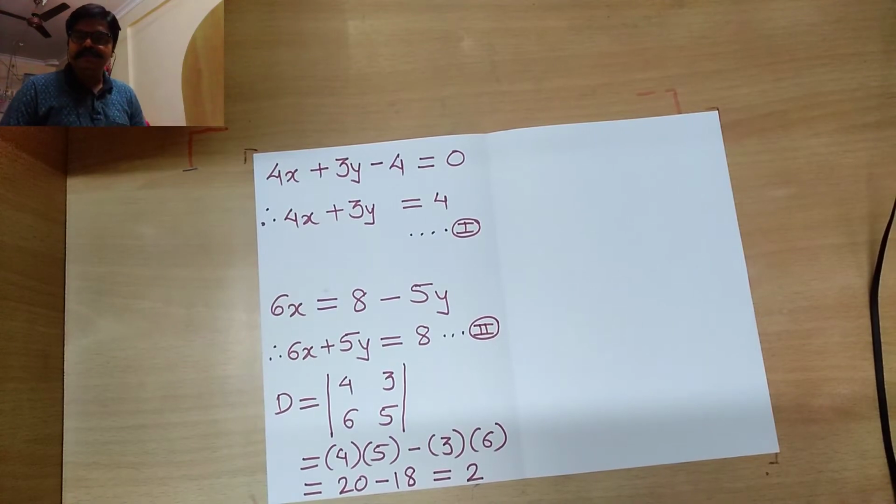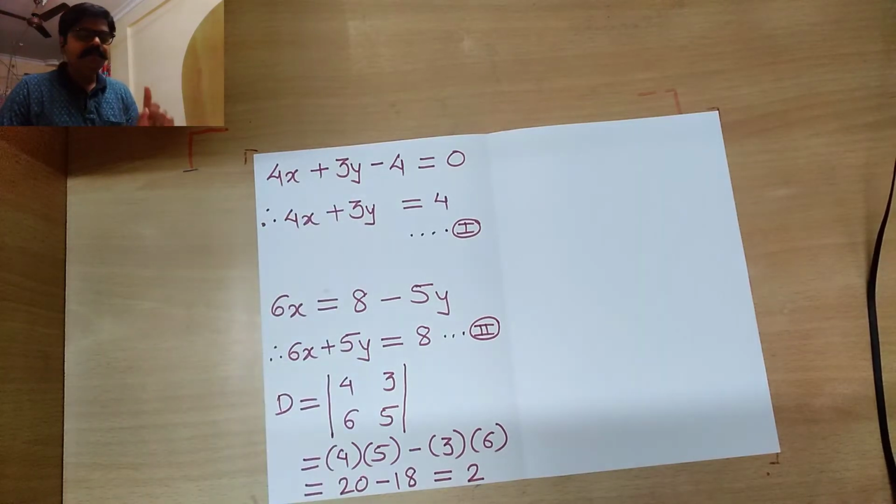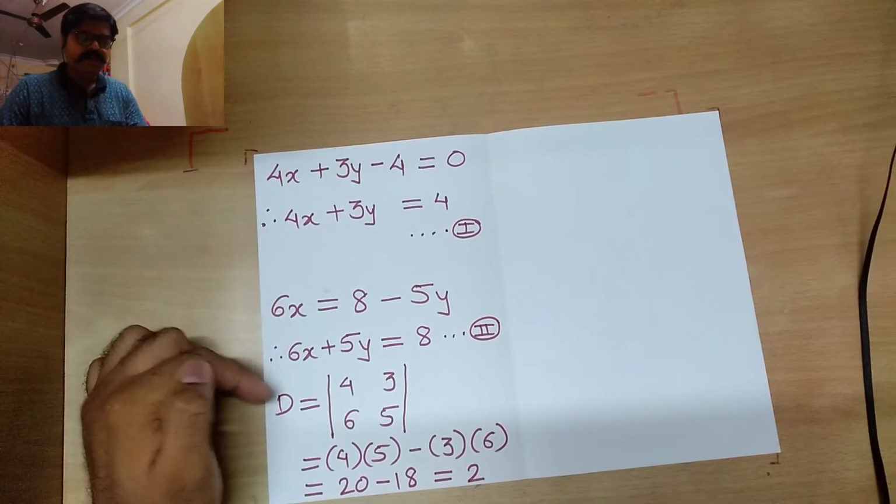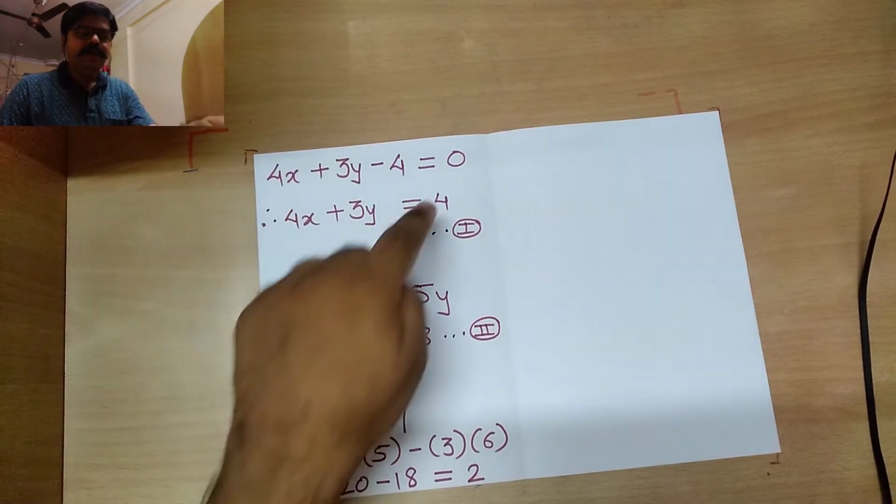Once we have this 2, next we are going to calculate Dx. Now what exactly this Dx is: here we are going to completely ignore the x variable, and in place of the x variable we are going to substitute these 4 and 8.